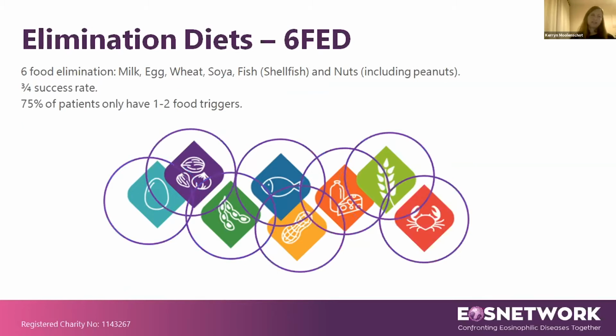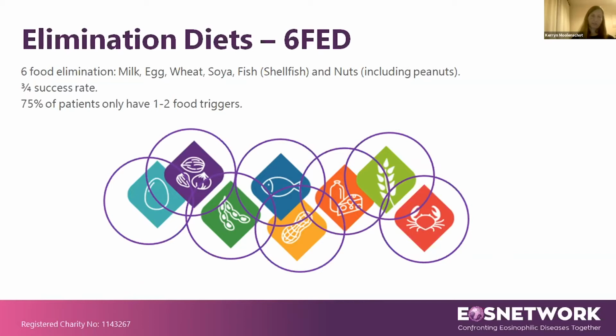And then with the 6 food elimination, so the final step is the Muse diet, plus also removing fish and shellfish, and also nuts, including peanuts. And this is a very effective diet. It has a success rate of 75%, so not too far off the elemental diet.